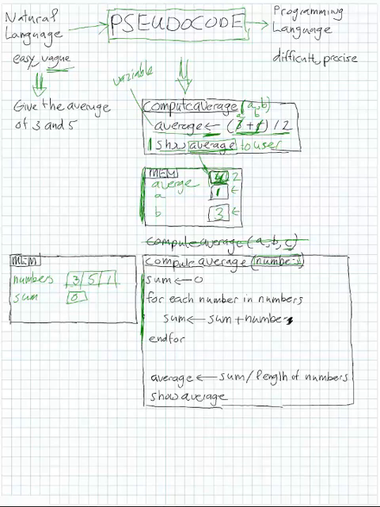Then we see a new construct here, for each number in numbers. So what's happening here? This is a way to iterate, to repeat several statements. And what are we repeating?